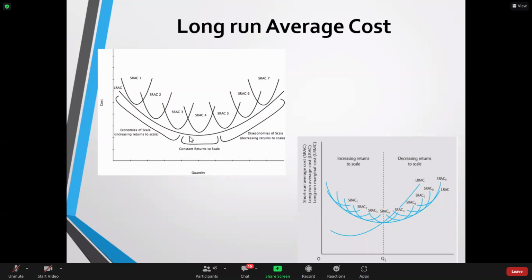So the minimum will be in between, in this constant returns to scale. And you can also see the tangent for that, because it becomes horizontal between this and this. Therefore, whatever the short run average cost curve during that phase is tangent. The long run is tangent to the short run, right?